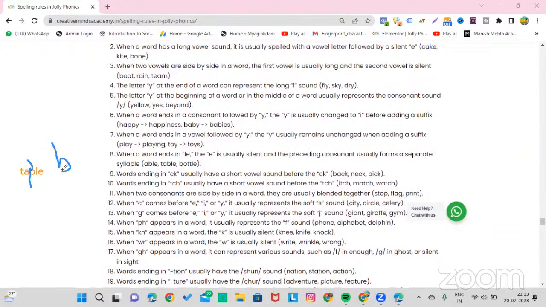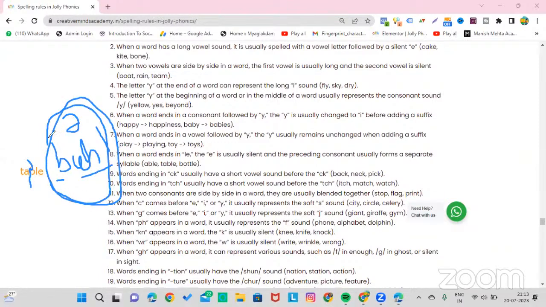So the second syllable is actually B-U-H-L, bull. That's a schwa sound. Now the schwa sound will always take the consonant. It will be closed.